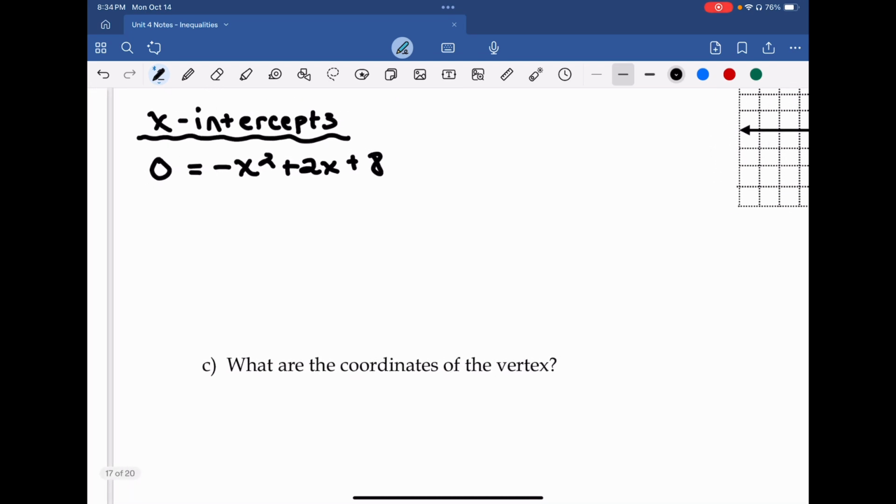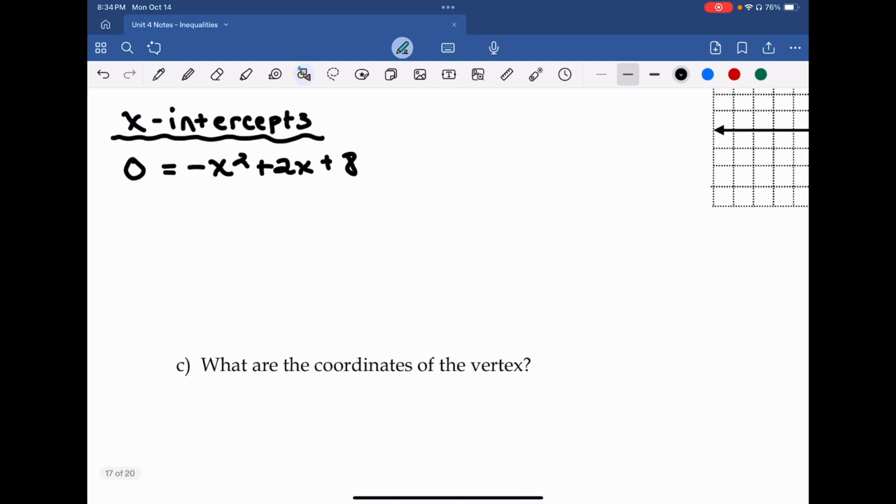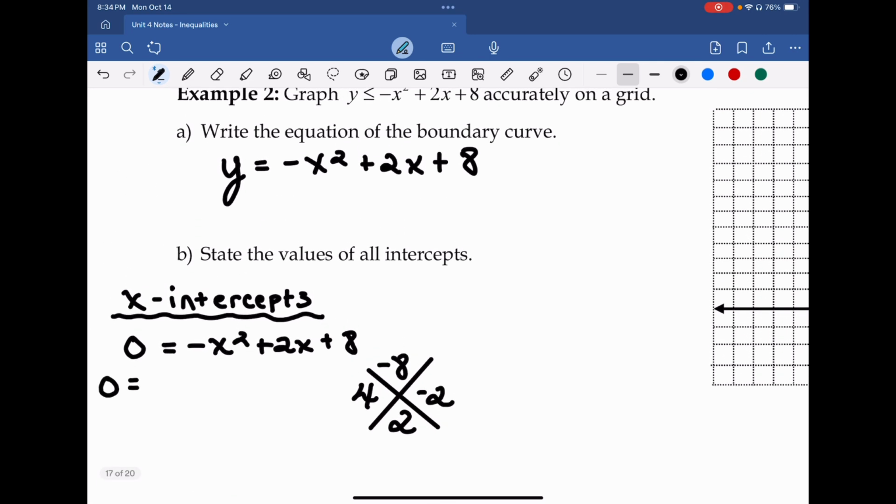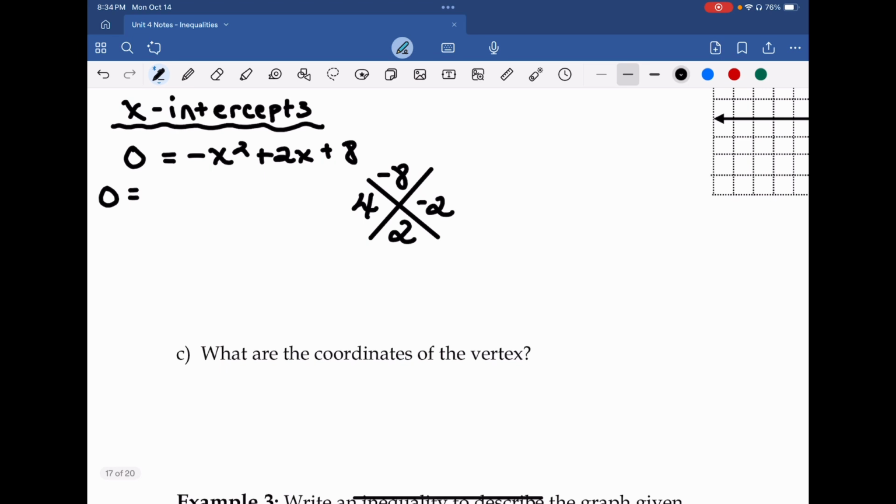There we go. Now, to solve this, we need to use decomposition. So I'm just going to use the x off to the side. We must multiply to make negative 8 because it's the outside terms multiplied together, negative 1 times 8. And we must add to make the middle. The middle is 2. The numbers that will do this for me are 4 and negative 2. Now, plugging this in, we get 0 is equal to negative x squared plus 4x minus 2x, and then plus 8.